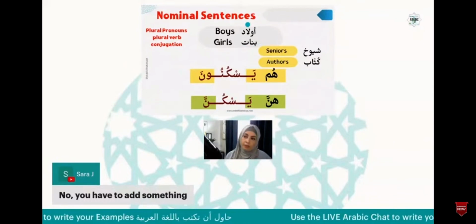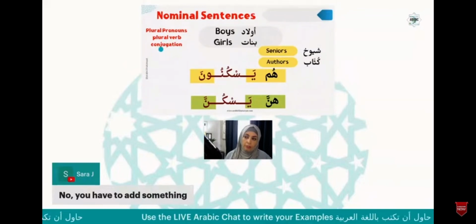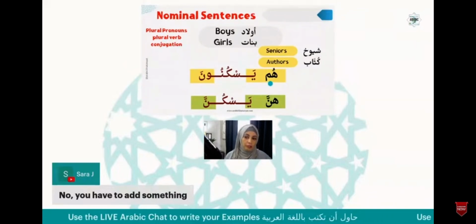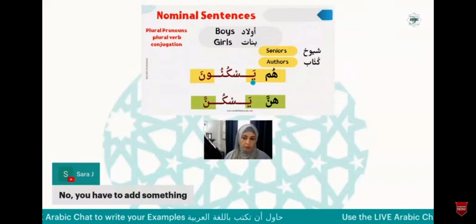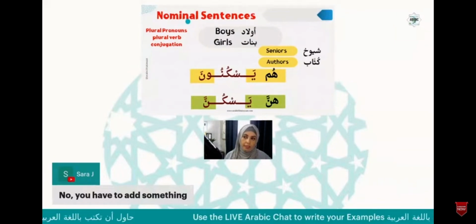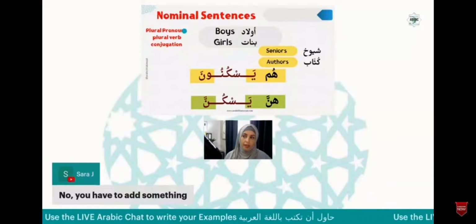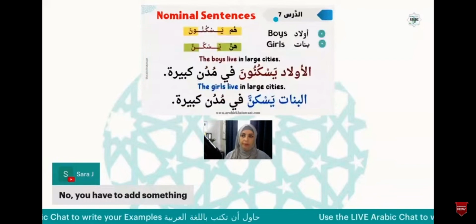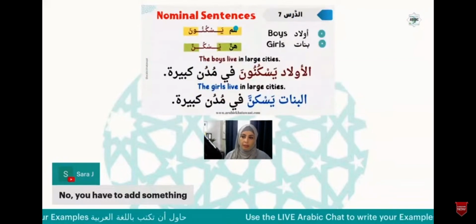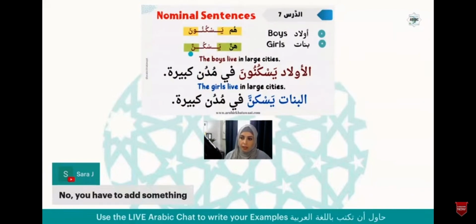Excellent. Now I move on. This is nominal sentence. But plural pronouns, plural verb conjugation. Always. Plural subject pronoun, plural verb conjugation. And this makes my sentence a nominal sentence. I begin with a noun, and I could also begin with a pronoun. Now, this was part of our 7th lesson in خطوات. So you see it here.